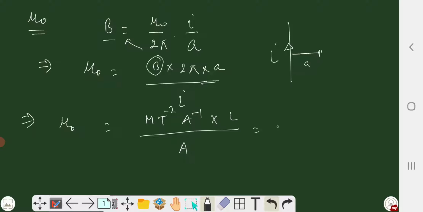Now solving, M L T^-2 A^-2 will be the answer for magnetic permeability.